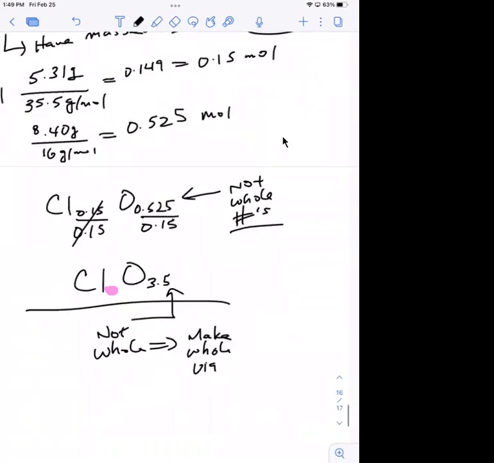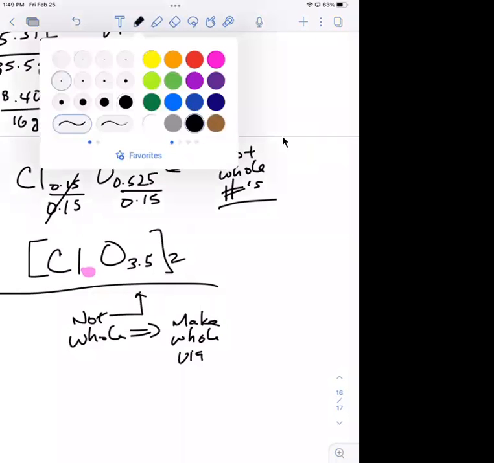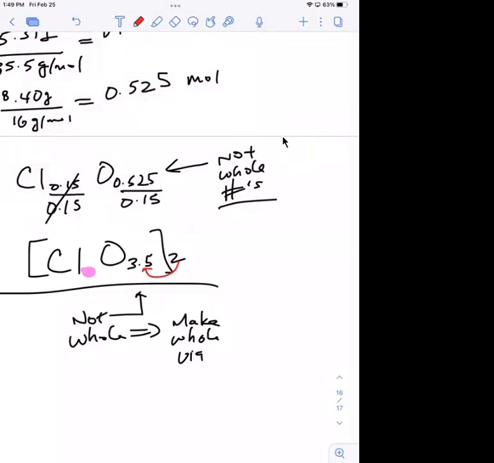If you remember when we were doing multiple proportions and we had some fractional number in our ratio, we just took the ratio and multiplied it by some number to make it a whole number, right? So we're going to take this whole thing and multiply each atom by 2. So we're going to multiply this by 2 and the chlorine by 2.